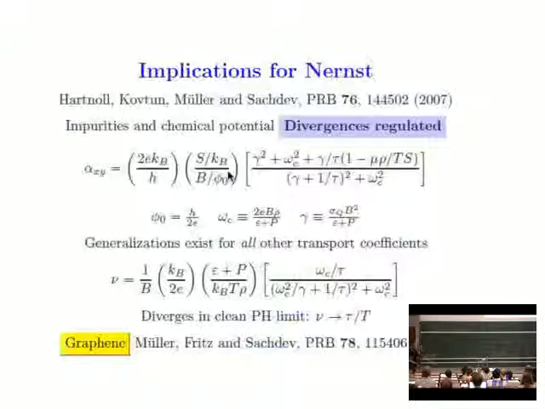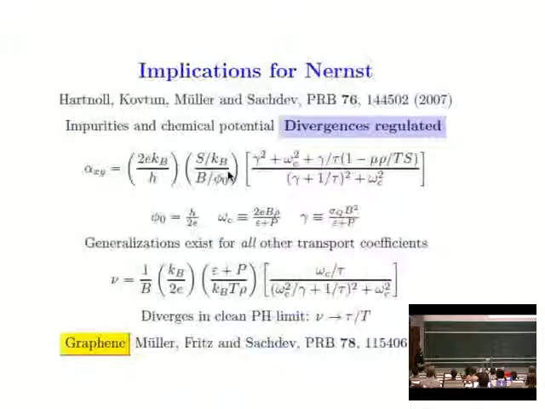Because you're not bogged down by these specific forms of the collision terms, et cetera. And this was just stolen from Sean and Subir's paper. Here, they're also including the effect of impurities. One of the things I said is we started off just looking at the clean case, so just send tau to infinity in this formula, and then that's going to drop out. So you see, indeed, alpha xy is going like entropy density divided by the magnetic field.